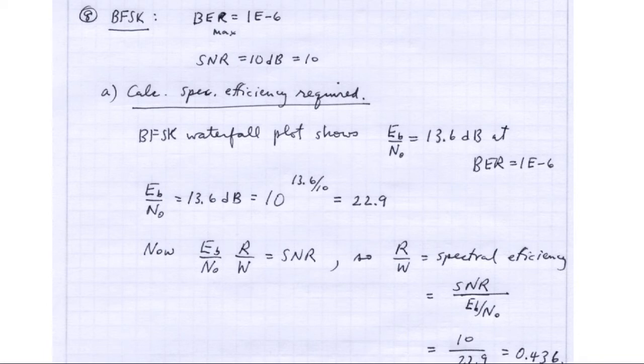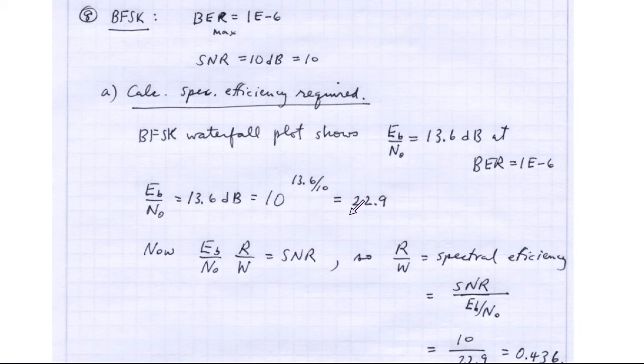It's about 13, somewhere in between 13 and 14. I'm going to call it 13.6 dB for the energy per bit divided by thermal noise density, Eb over N naught. And 13.6 dB translates into 22.9 as a normal value.